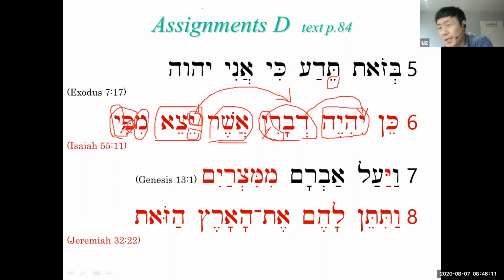But in terms of English translation, it doesn't make sense. So I checked the English translation, and they chose, thus shall it be, or will it be my word that will go forth from my mouth.